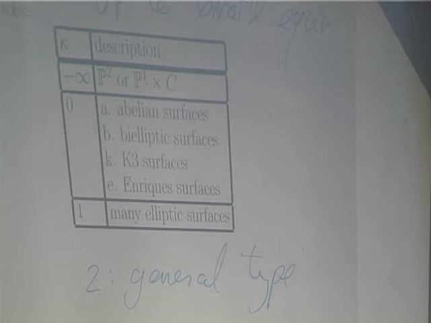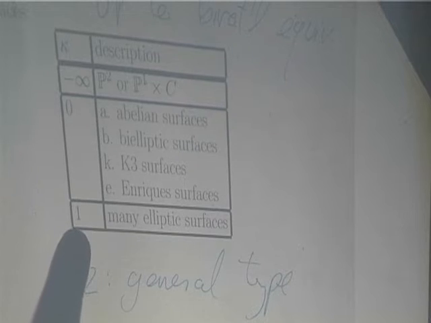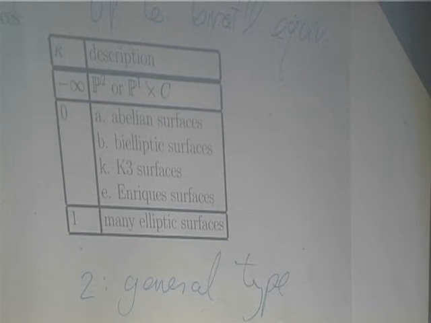And in fact, it can be minus infinity, it can be 0, it can be 1. And the cases in which it's 1 are every surface of Kodaira dimension 1 is an elliptic surface, a surface fibered by elliptic curves.